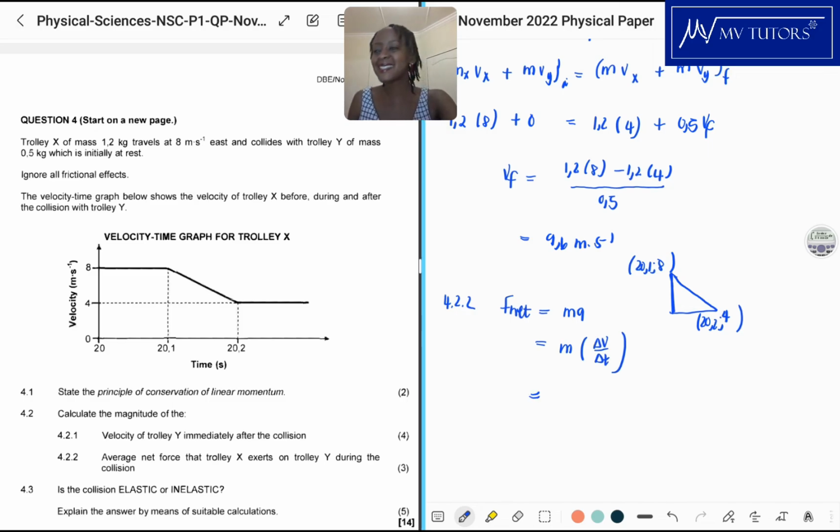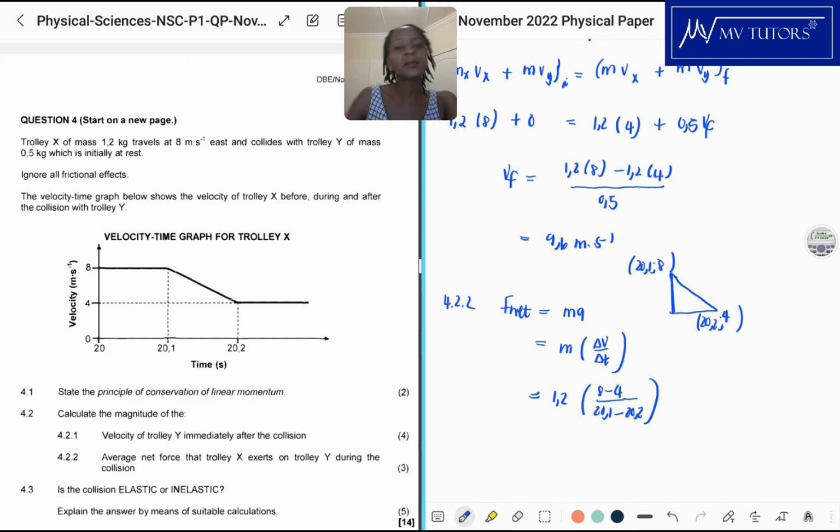So the mass of trolley X is 1,2 kilograms, and the change in velocity, we went from 8 to 4, so I'm just going to say 8 minus 4, and then 20,1 minus 20,2.